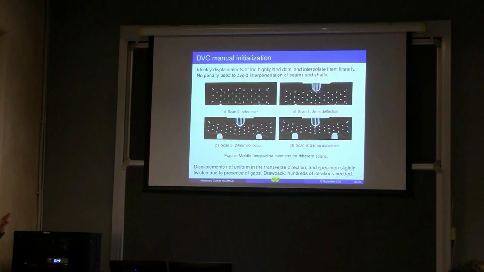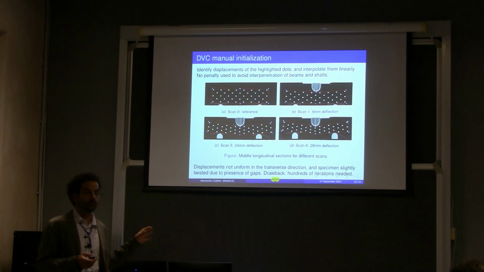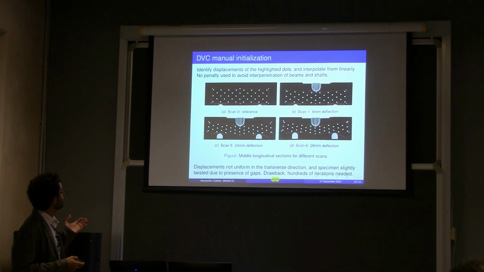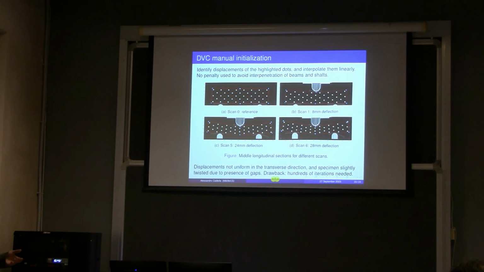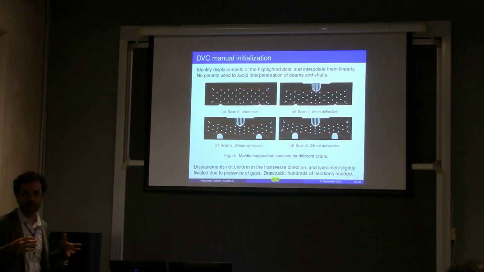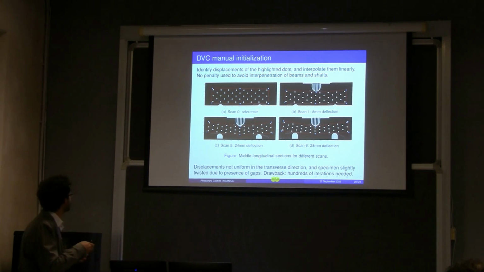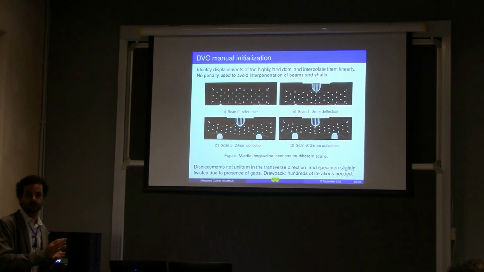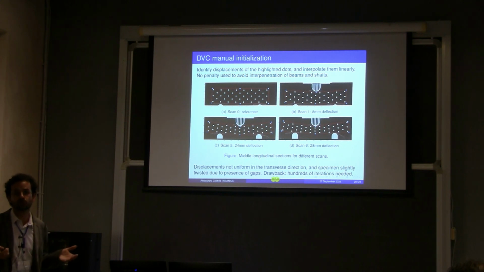So we worked on the micro mesh fitted on the specimen, and what we did first was just to provide a manual initialization. So what I did was essentially to look manually at these key blue points and interpolate everything linearly. So this is done for the middle section of the specimen, and actually it worked.